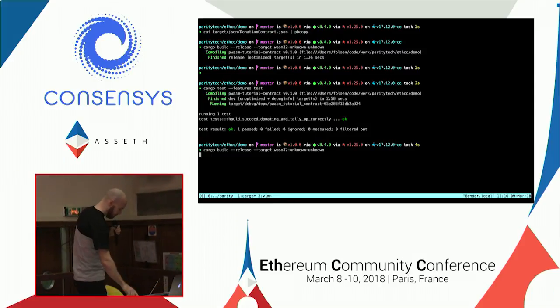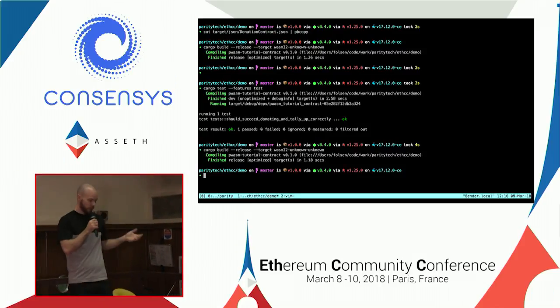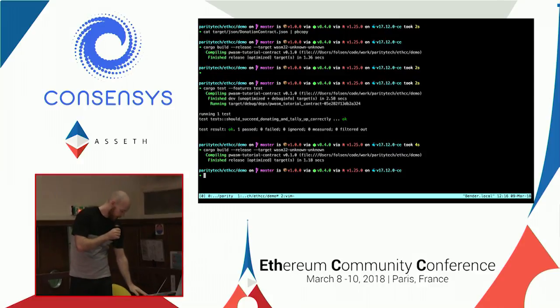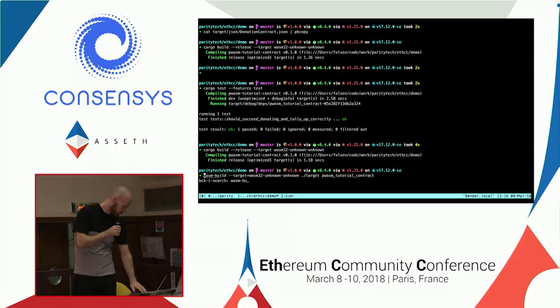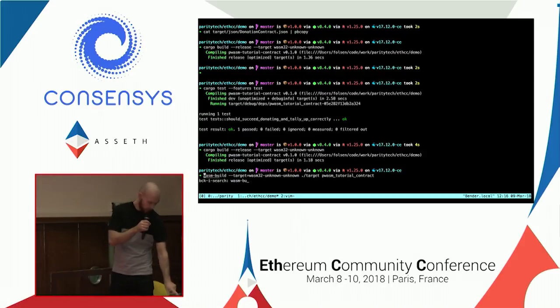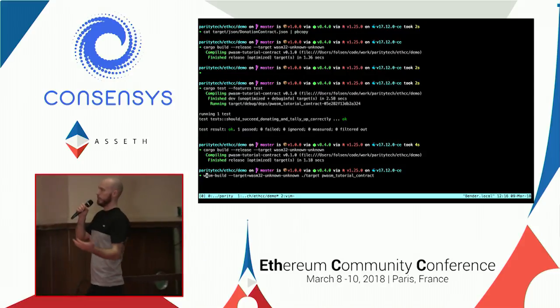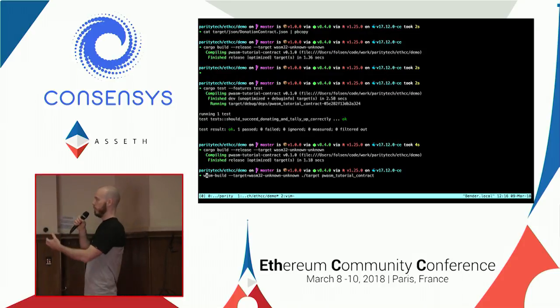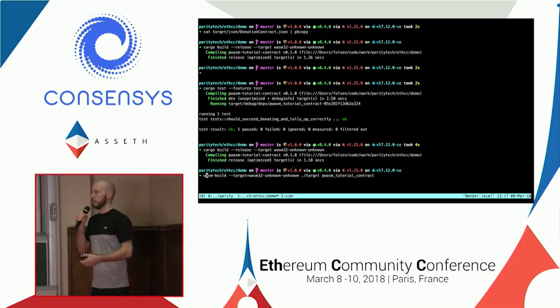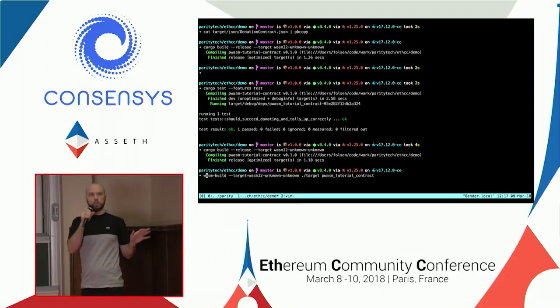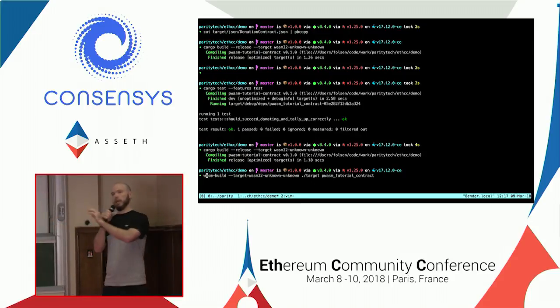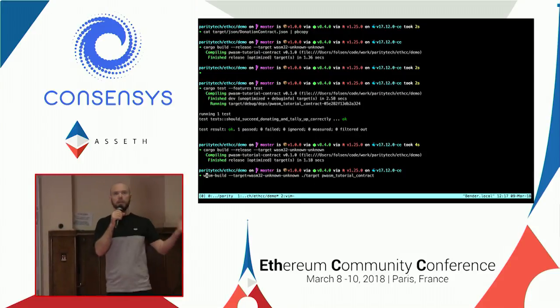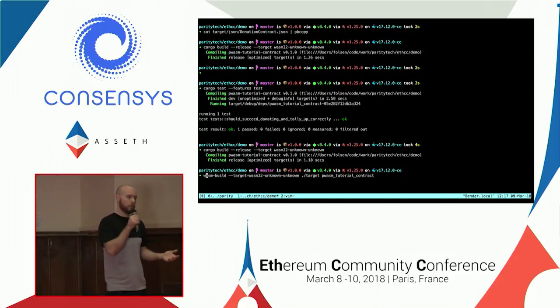So we build it, it produces some WASM output, and then we do WASM build. So we have this little tool called WASM build. This is something that we've built, and this is where we get blockchain specific. So far, everything is just plain Rust. This takes the WASM output from Rust, makes it into something that we can deploy on a blockchain.